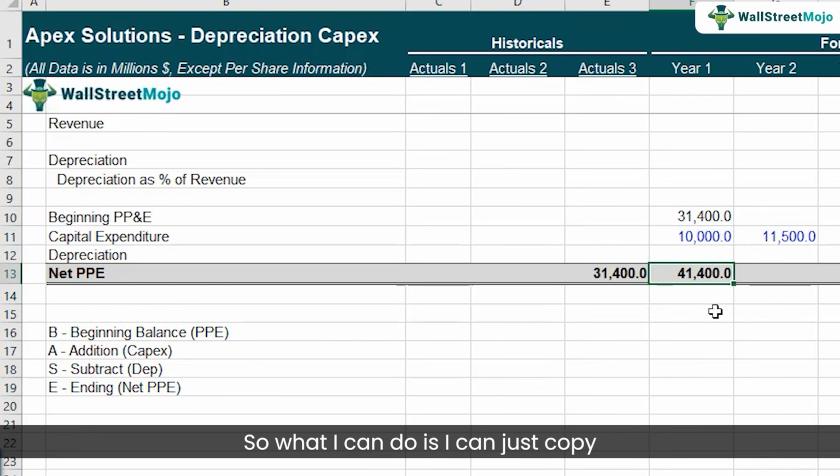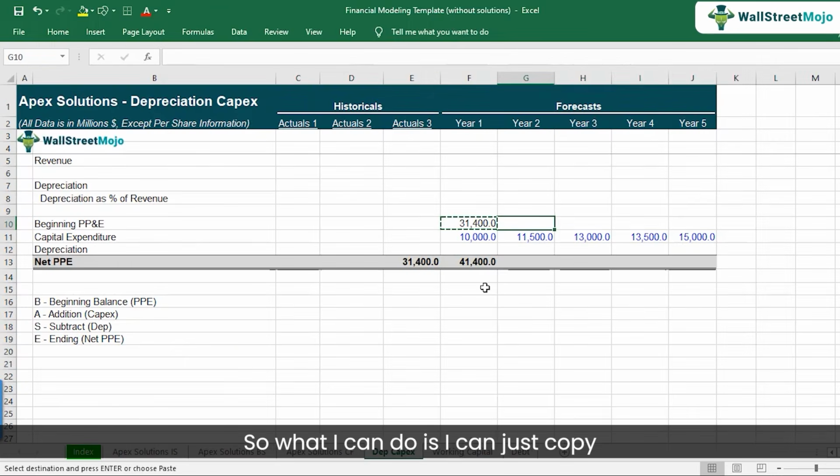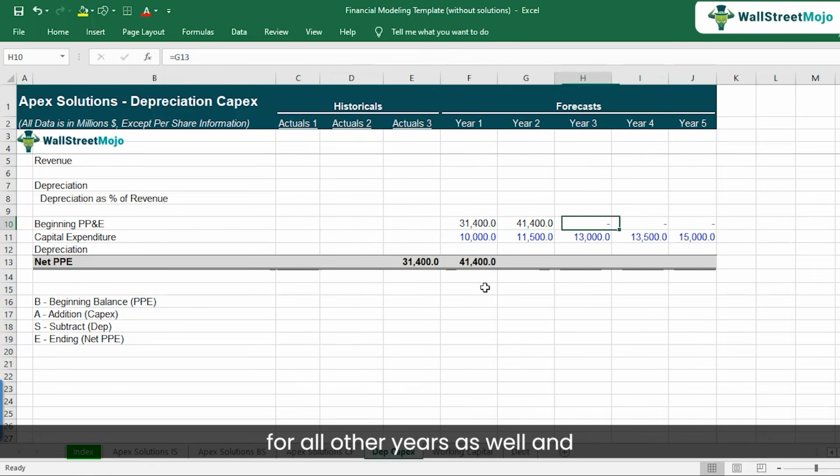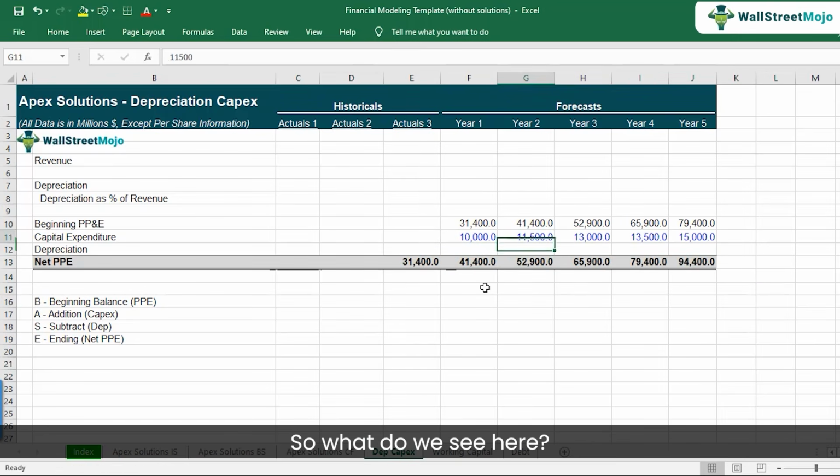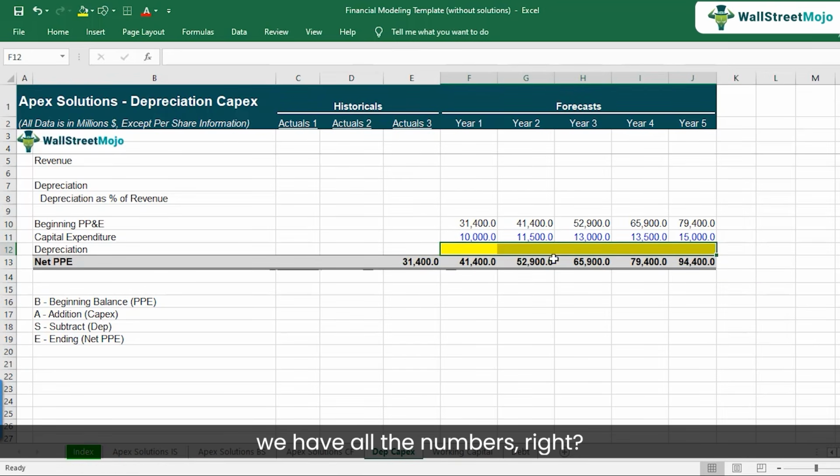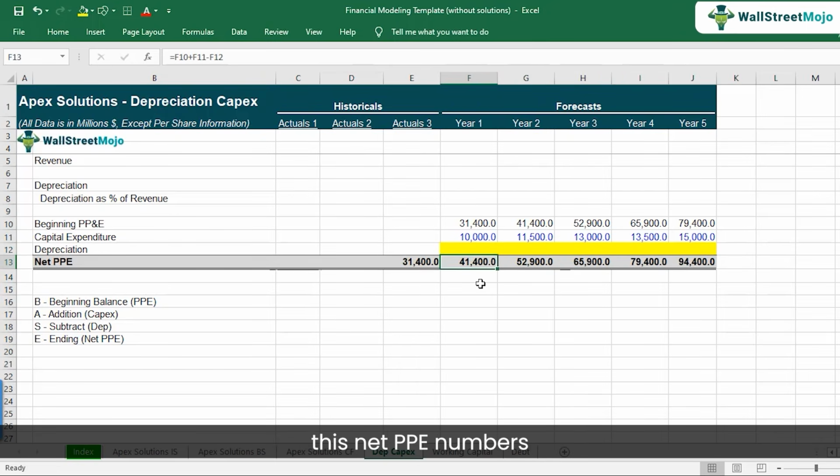I can just copy and paste this across for all other years, and the net PPE formula as well. So what do we see here? Except for depreciation, we have all the numbers. The net PPE numbers will get automatically adjusted once we calculate the depreciation. So far so good?